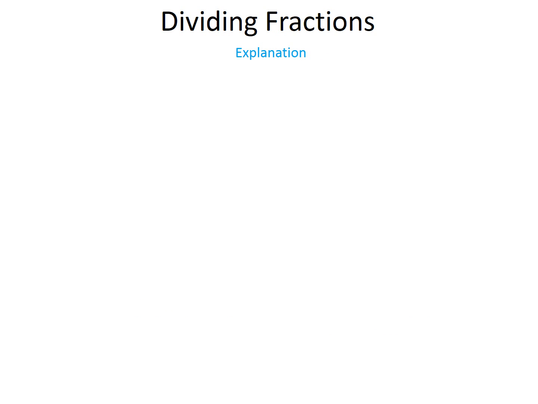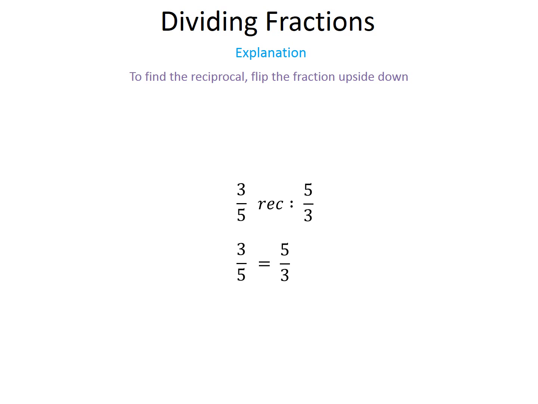The first thing we want to understand when we do dividing fractions is the word reciprocal. And finding the reciprocal is pretty easy. It just means you flip the fraction upside down. So if I'm looking at 3/5, the reciprocal of it is 5/3. And notice that I've written this REC to stand for reciprocal and then 5/3. What I haven't written down is that 3/5 equals 5/3.